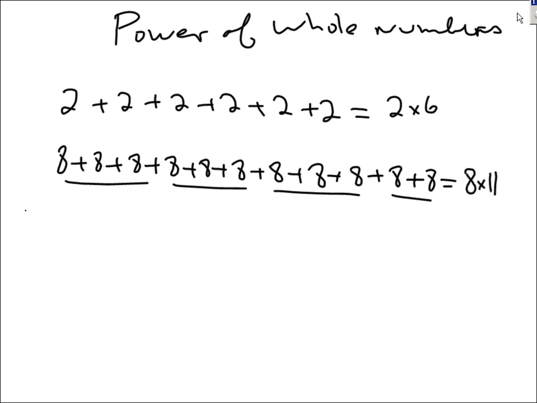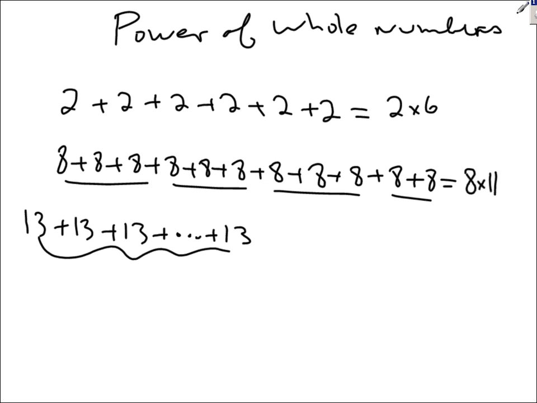What if you wanted to add 13 to itself 100 times? You wouldn't really want to write down 13 plus 13 100 times. You can denote that it's 100 times, or you can just say it's 13 times 100.